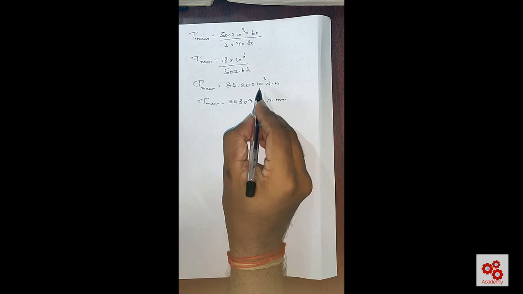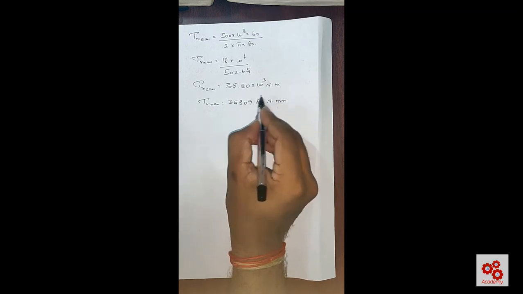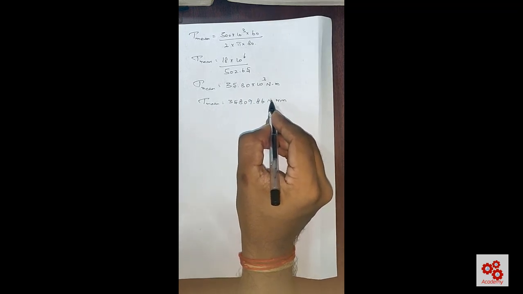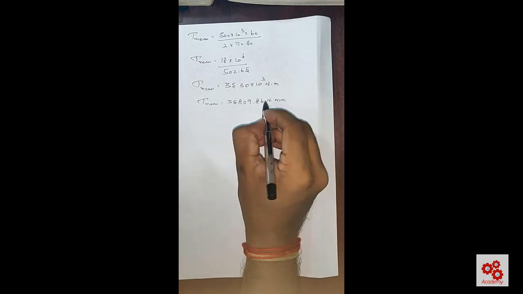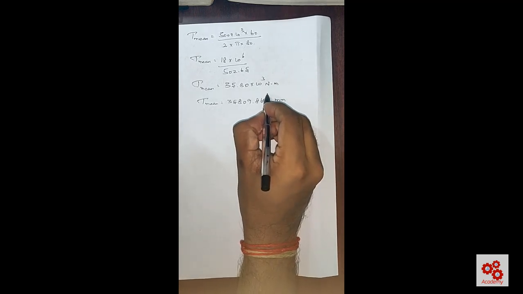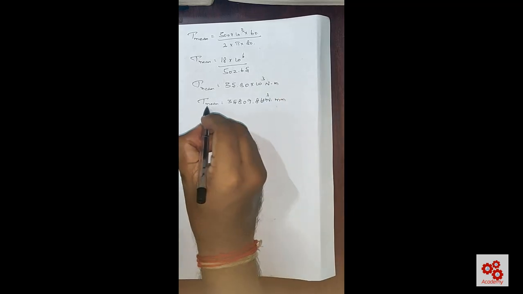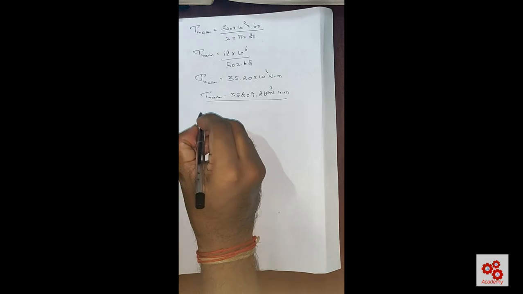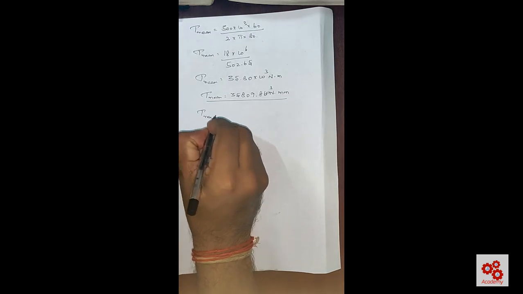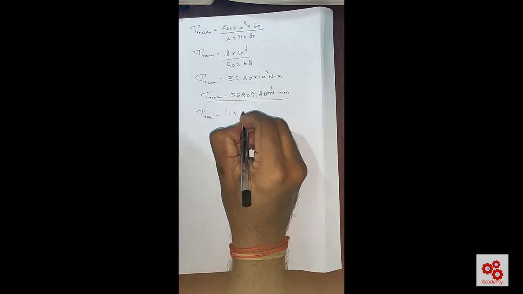We multiply again with 10 to the power 3, so the total value will be in Newton mm. We are just converting Newton meter into Newton mm. Then T max is equal to 1.4 of T mean.